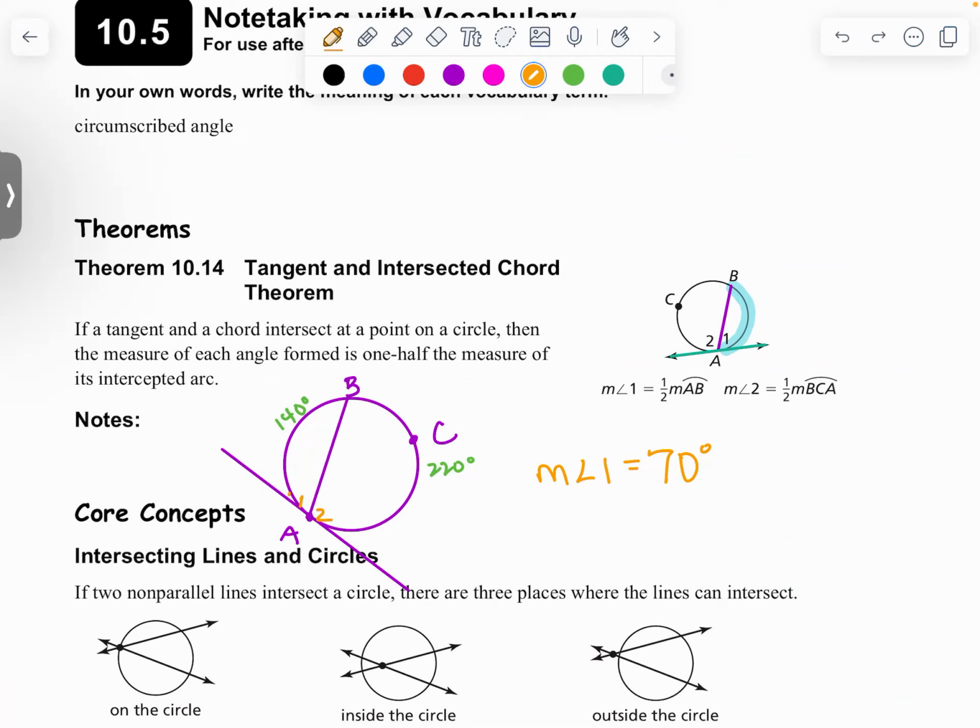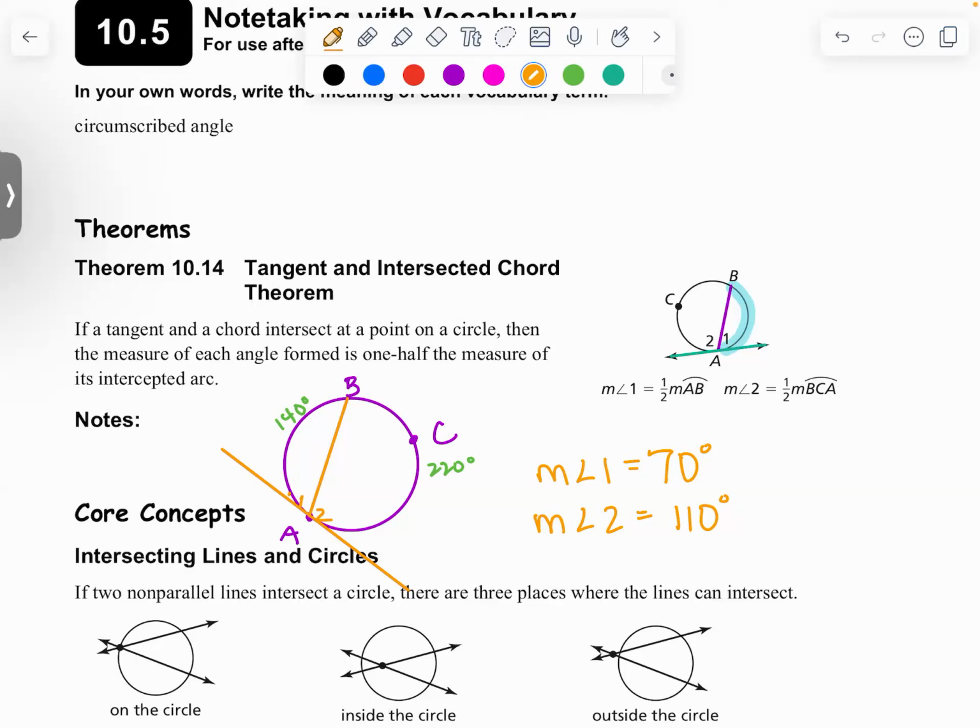Arc ACB is 220 degrees. That is the intercepting arc of chord AB and the tangent. So we can take 220, cut that in half to get angle 2 is 110 degrees. Also, angle 1 and angle 2 form a linear pair.